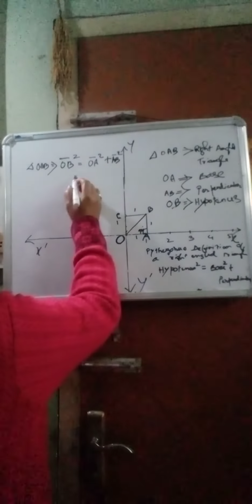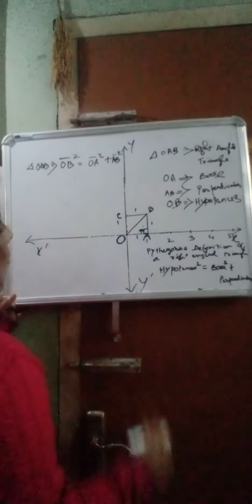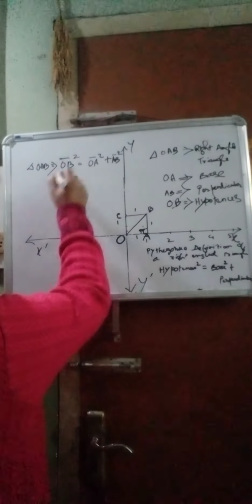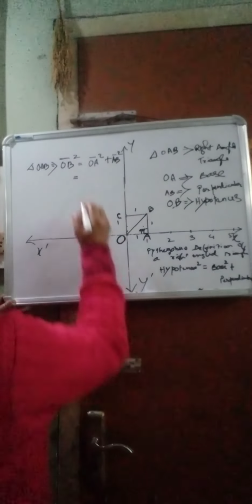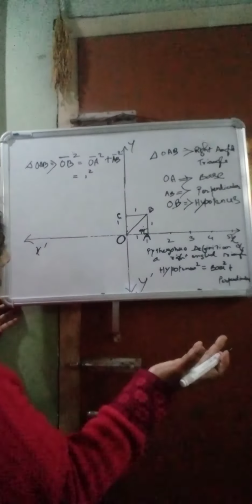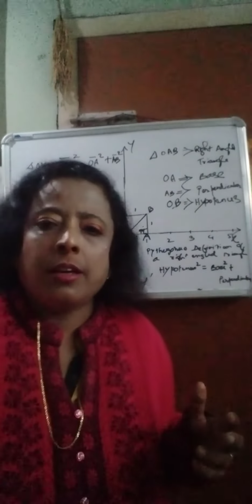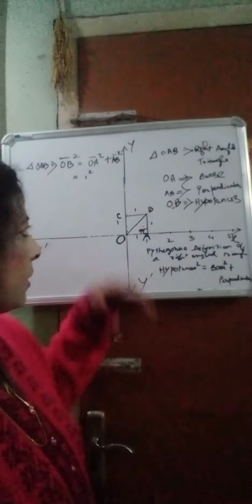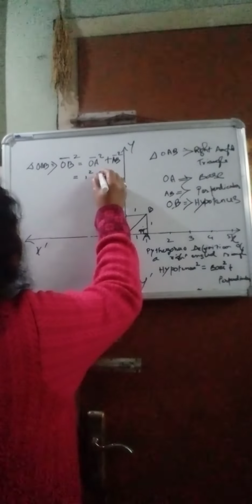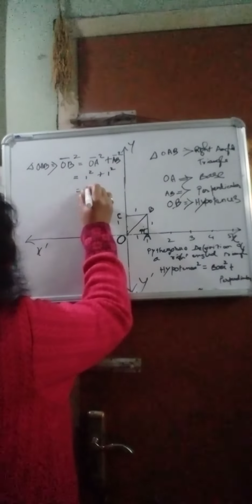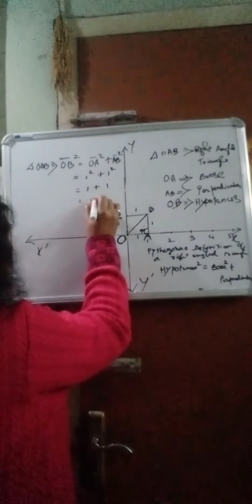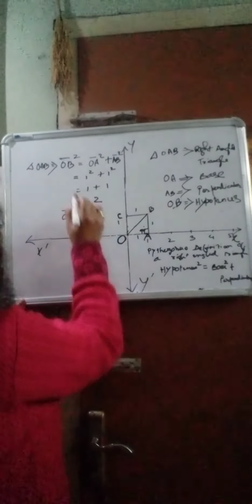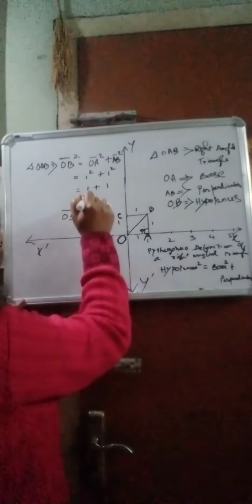Now OA square means 1 square, as we have drawn the square with unit length. So 1 square plus 1 square, that means 1 plus 1 is equal to 2. So OB square is equal to 2.